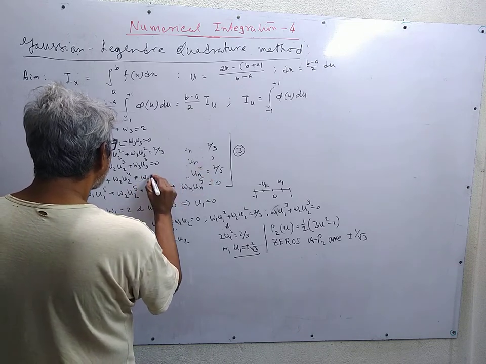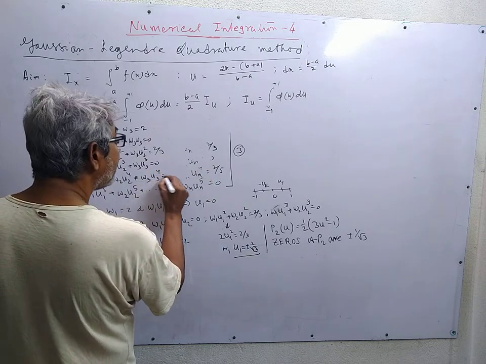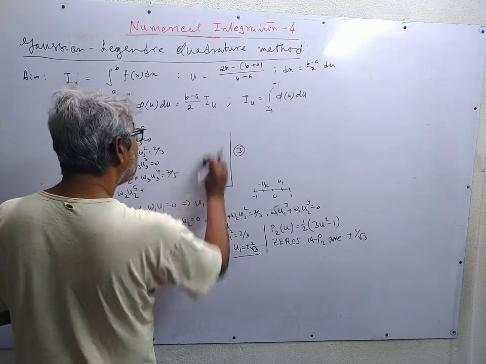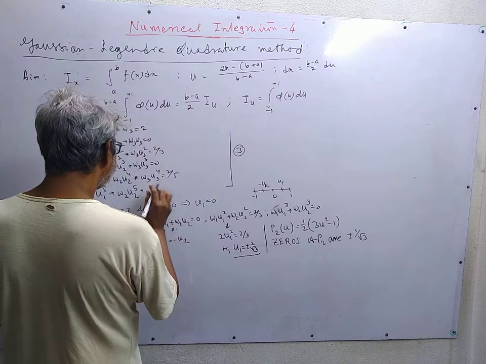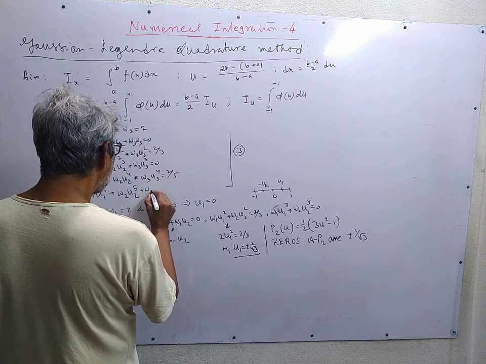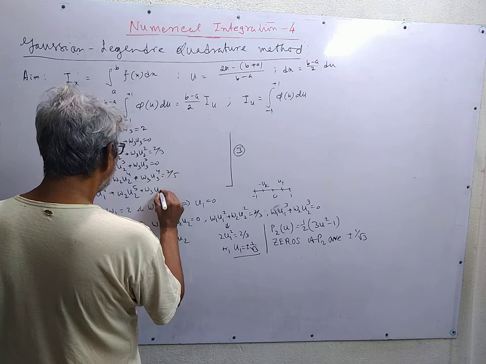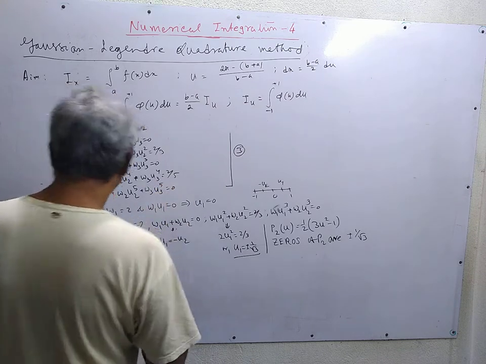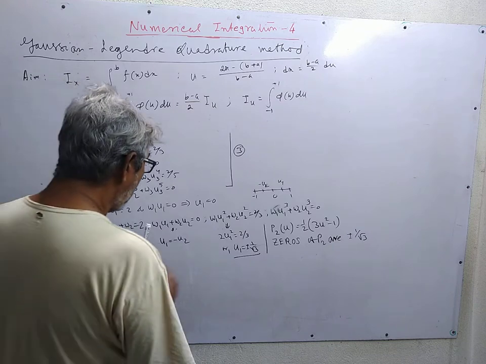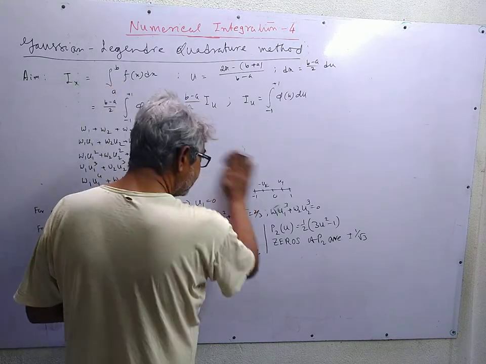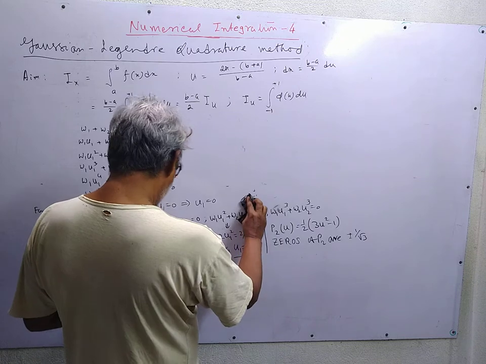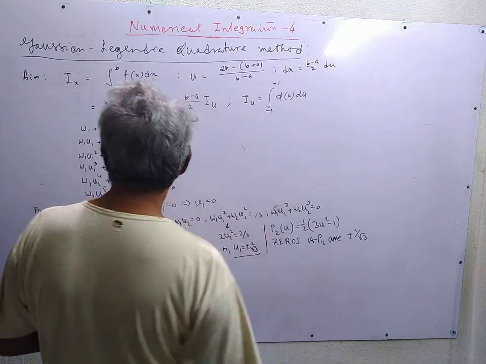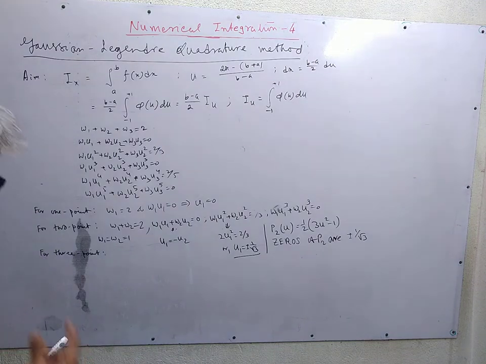W3 u3 to the power 4 is 2 upon 5. These are the conditions, and these equations are sufficient to solve to get the 3 u's and 3 corresponding w's.